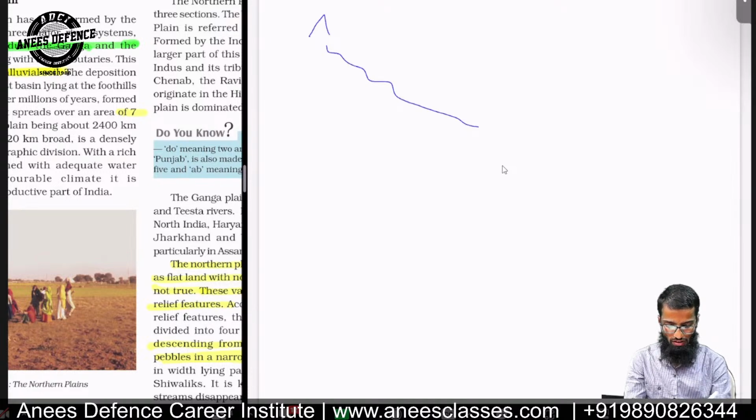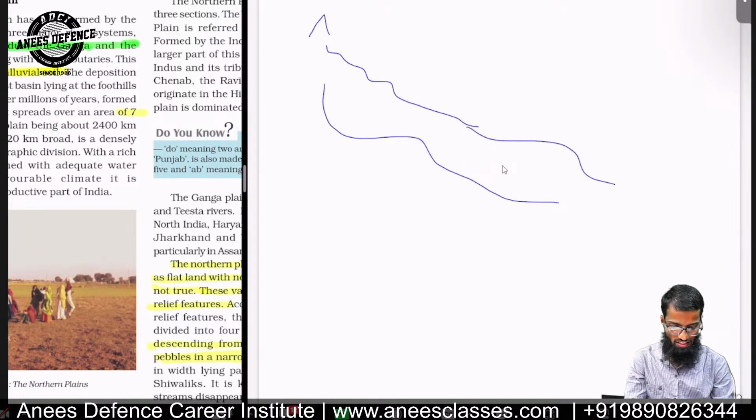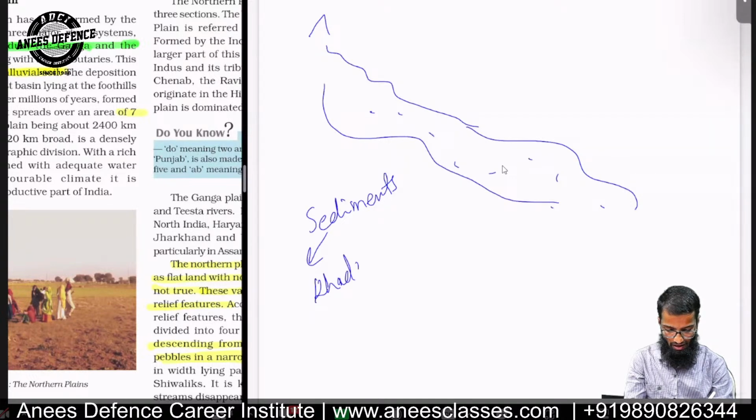It will flow and bring with it the sediments. These sediments are of two types, the Khadar and Bhangar, right? So Khadar is the old and Bhangar is the new.